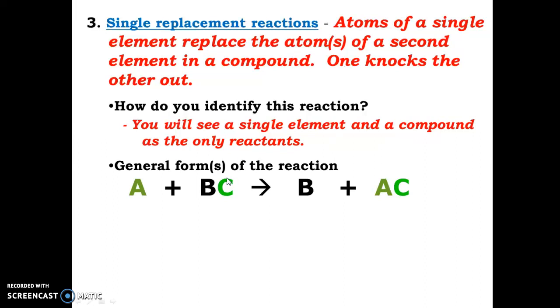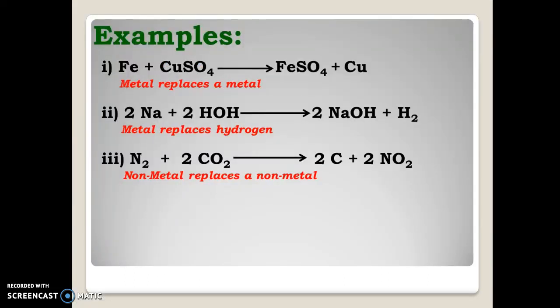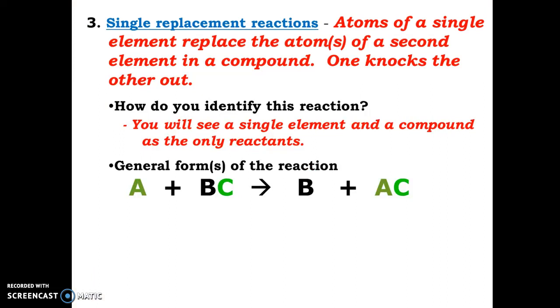So C leaves B for A. So I have A plus BC produces B plus AC. Notice how C switched partners. Okay. Give you a moment to jot this down on page 2 of your note guide.